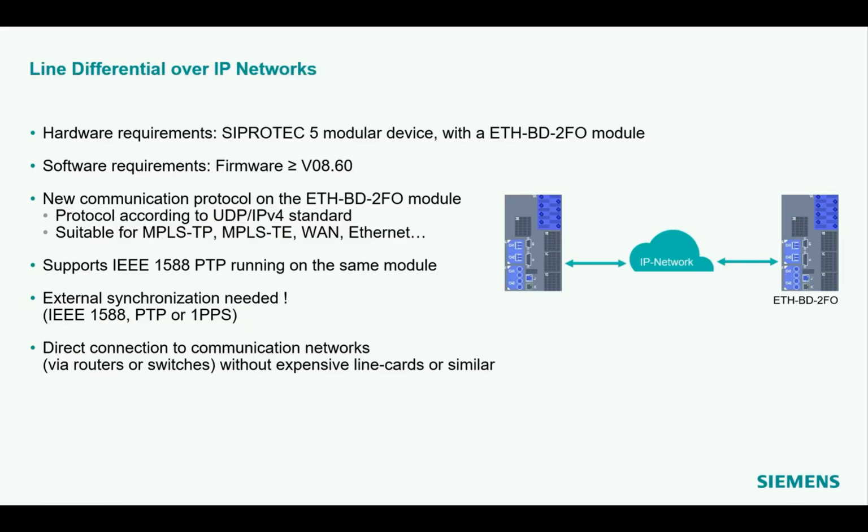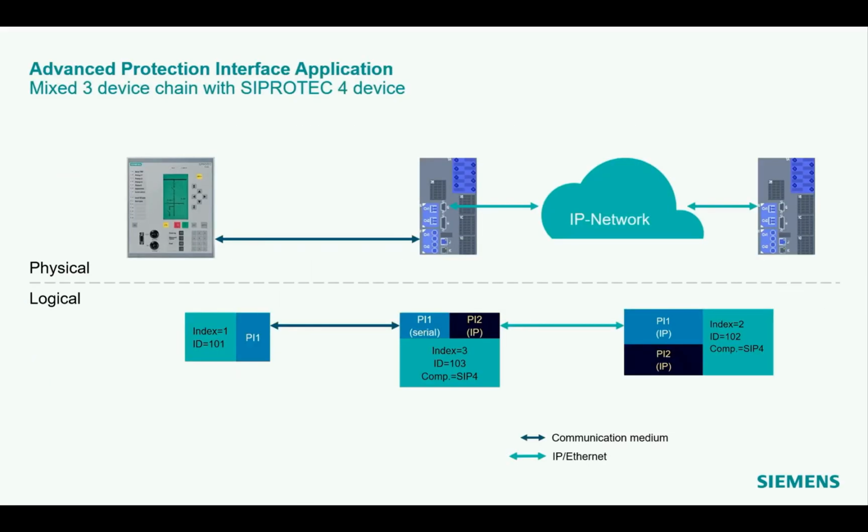Please note that the IP-based line differential protection needs an external time synchronization. This can be done using IEEE 1588, PTP, or a 1 pulse per second signal. The line differential over IP can also be used in mixed applications using the older SIPROTEC 4 devices, as shown here in this example.